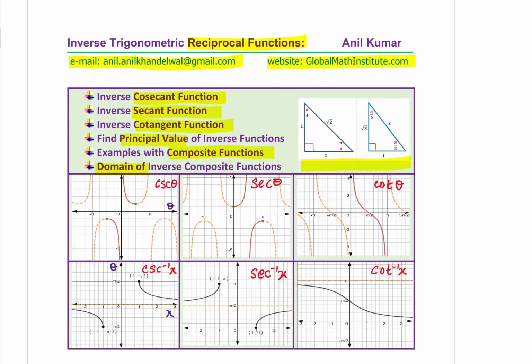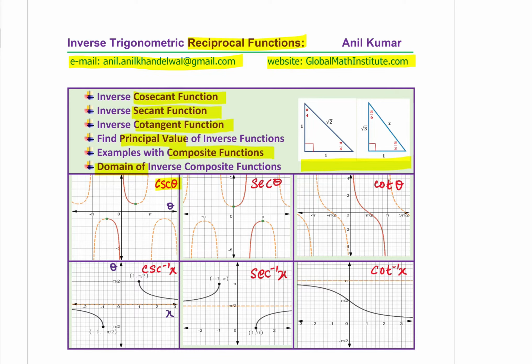We have also shown you the graphs for the cosecant, secant, and cotangent along with their inverse. So the graph of the cosecant function is given there. As you can see, it is a periodic function, right? So you need to restrict the domain of this particular function so that we could have the inverse as a function.